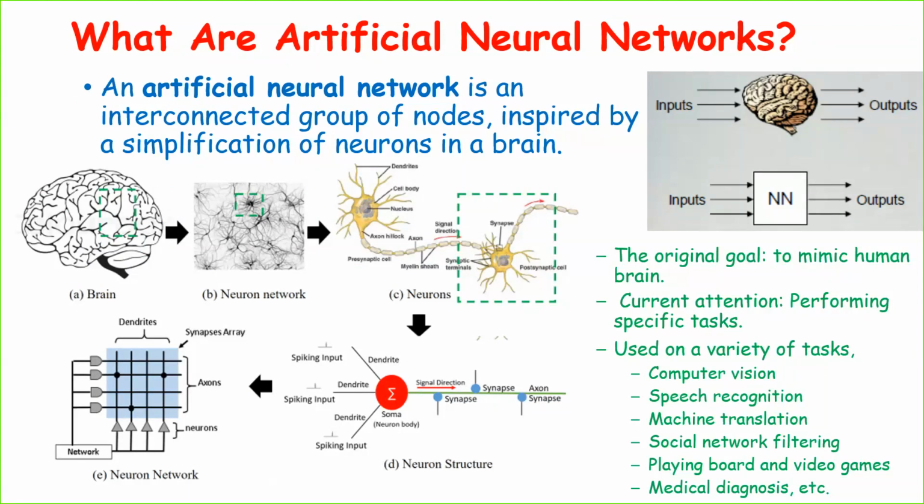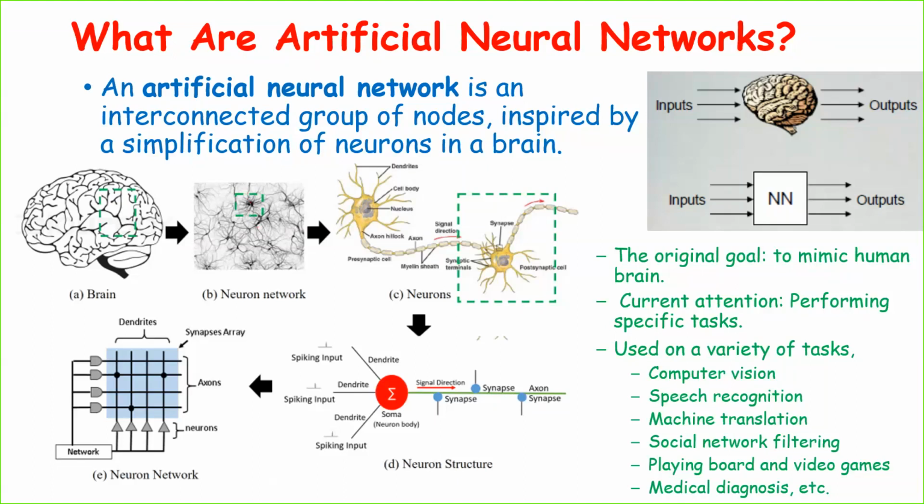So similarly, the human brain has around 80 billion to 100 billion neurons connected together, right? If you zoom into this brain, you see that it is the interconnection of various neurons connected together.